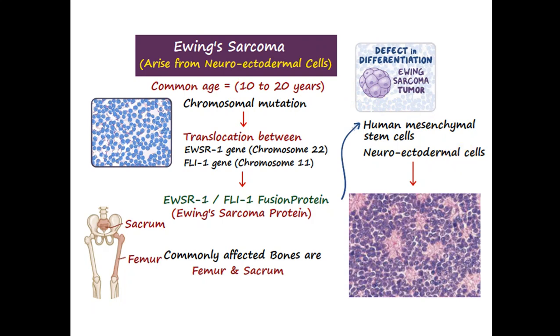And as a result of the defect in the differentiation, the neuroectodermal cells and the primitive mesenchymal cells will transform into a tumor known as the Ewing sarcoma, particularly the neuroectodermal cells.